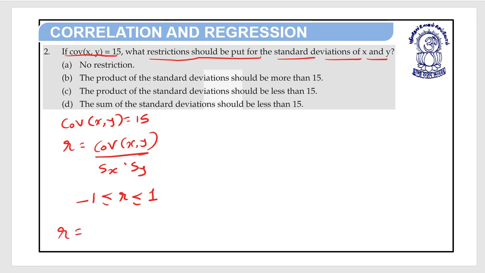So here I write r is equal to 15 upon sx into sy. Here r less than or equal to 1, so 15 upon sx into sy less than or equal to 1.